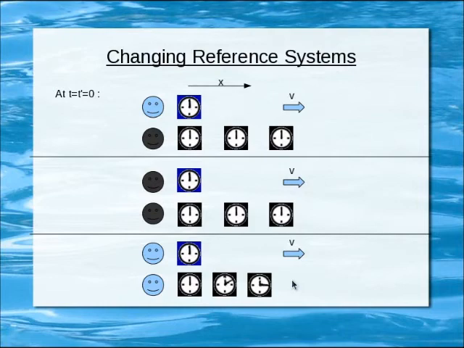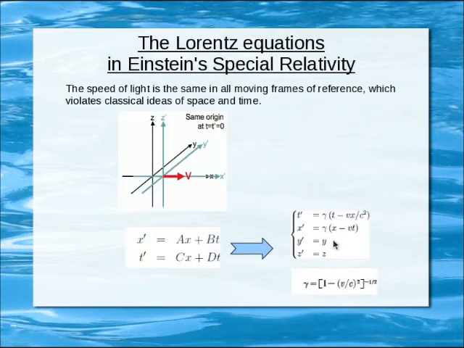According to the Lorentz equations, if we go back to these equations, t prime will get more and more negative towards the right because t is 0, so t prime is just gamma times minus vx over c squared.